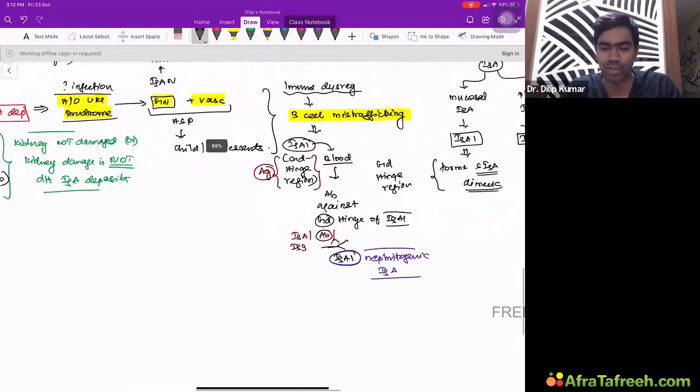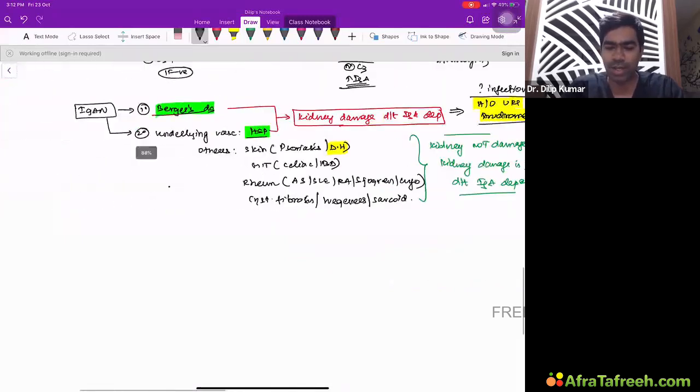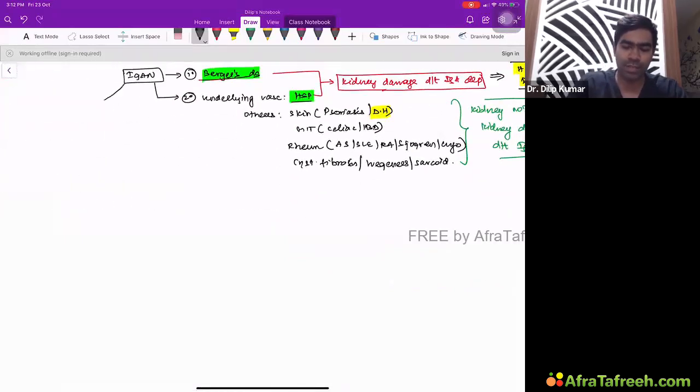So I told you the pathophysiology of IgA nephropathy, and let us come to the epidemiology. Remember, IgA nephropathy is quite common in adults. If they ask you the most common glomerular disorder in adults, the most common nephritic syndrome in adults, whatever may be the case, it is IgA nephropathy. It is also the most common glomerular cause of isolated hematuria.